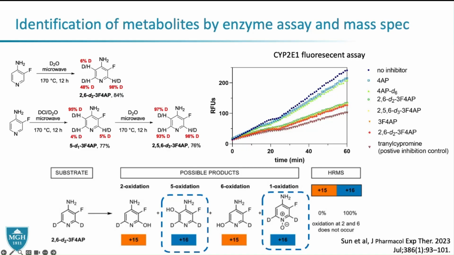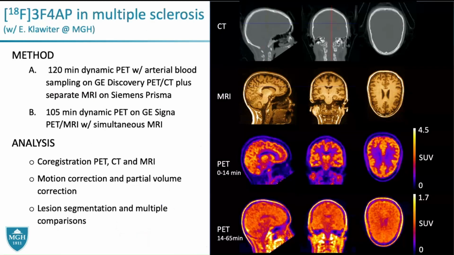And then using a combination of an enzymatic assay and mass spec, we were able to determine that the metabolic products are either the formation of the N-oxide or the formation of the 5-hydroxypyridine, but not the 2- or 6-hydroxypyridine.